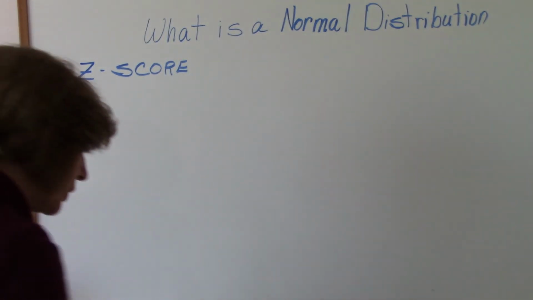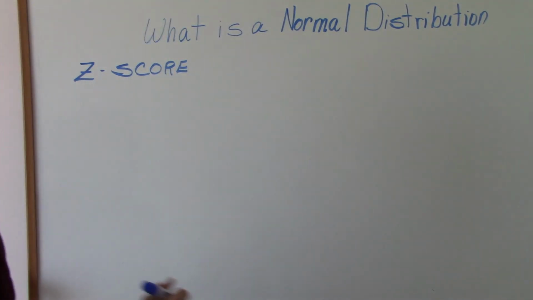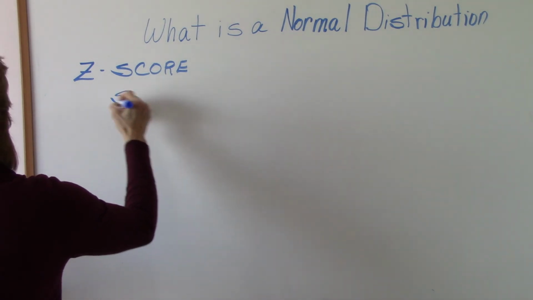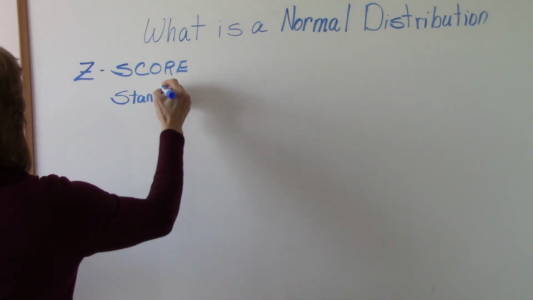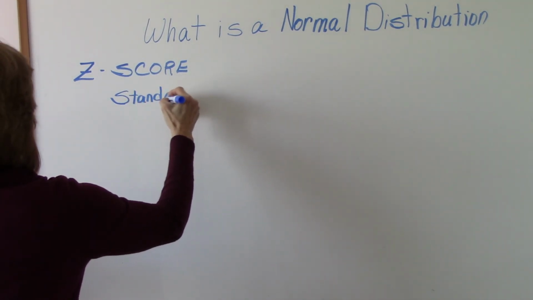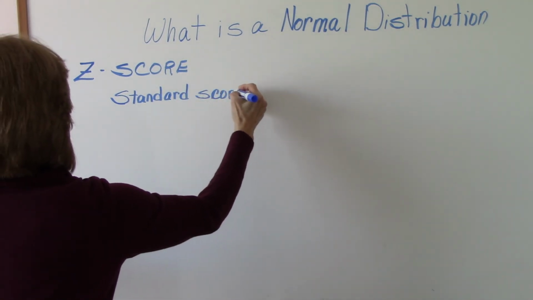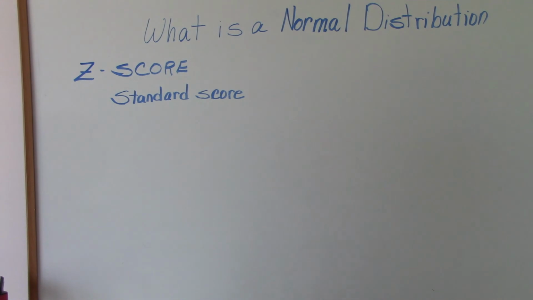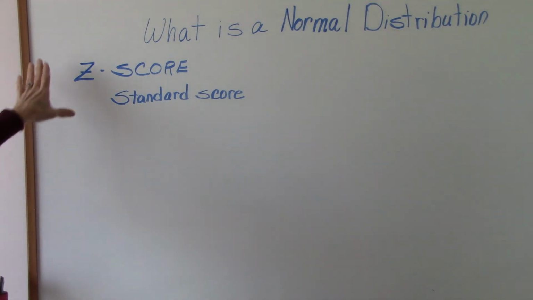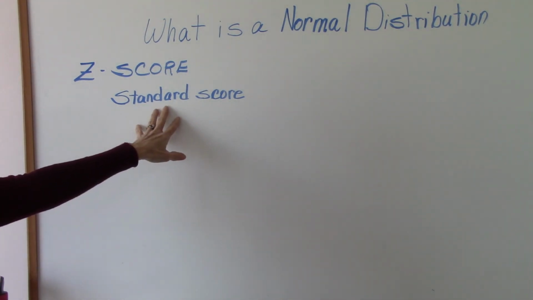So a z-score is a standardized score, just a standard score. That 85, 90, 95, 75, they were raw scores. So a raw score is going to be rewritten as a standard score.